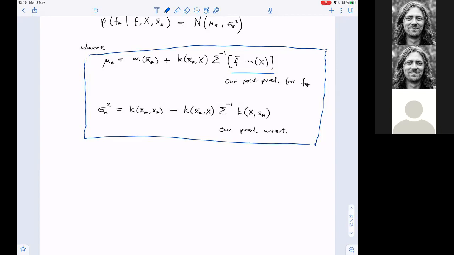And then that uncertainty has to be reduced. It can only be reduced by the information that you get from other parts of the function that will make you more certain than you were in your prior. So the variance will be reduced, and that's the reason for the minus sign.